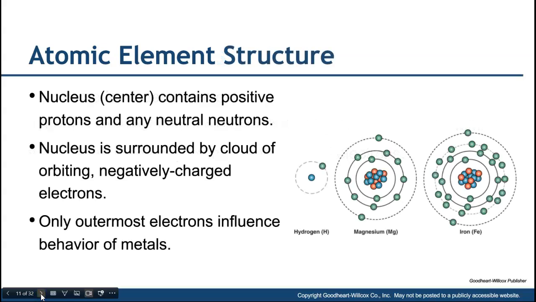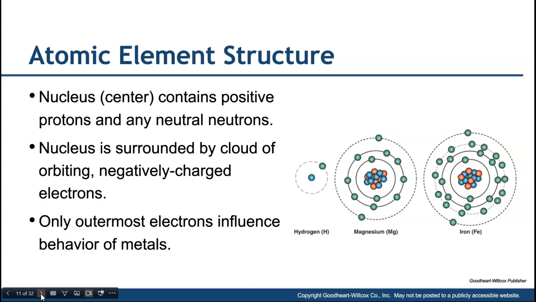So we have the nucleus, or the center of the atom, that contains your positive protons and any neutral neutrons. That nucleus is, of course, surrounded by a cloud of orbiting negatively charged electrons. We'll talk more about the electron cloud a little bit later. The outermost electrons influence the behavior of these metals.